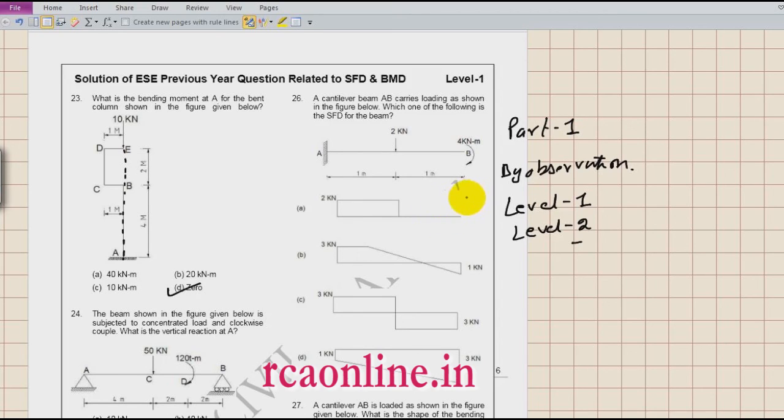So I request you, just see the question, do a little more practice of these questions again and again, so you can find out that this is a level 1 question, and the questions which I will be solving are level 2, so that you will save more time, because in the coming time we have 300 marks.